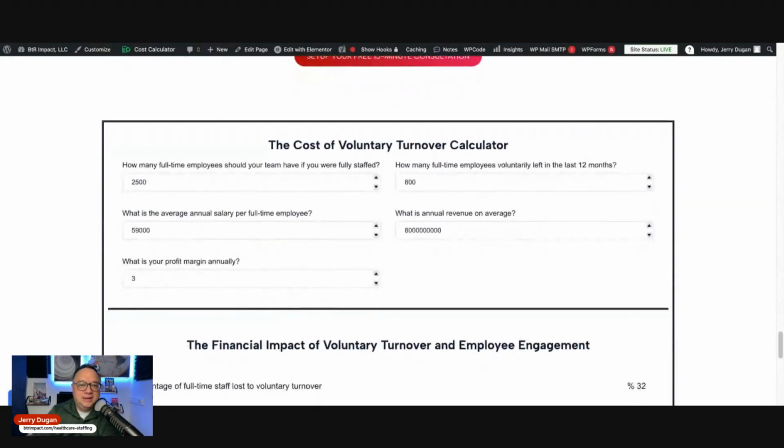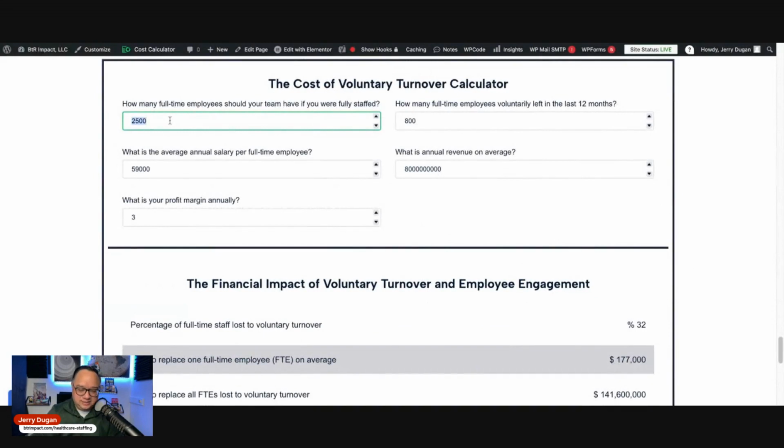Let's say your organization has 12,000 people in it. So you're a good sized health system spread out in a metro area, across a state, multiple states in the US, multiple countries. But let's say on average, you lose about 3,500 of your full time employees. So this is FTEs in the HR speak, full time employees.